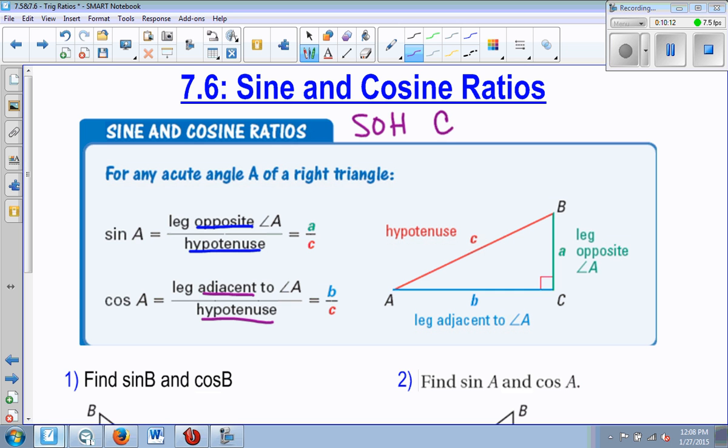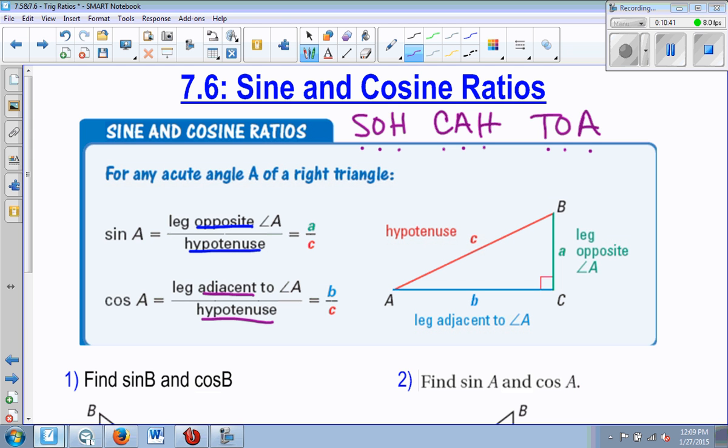You'll probably hear me say this a lot. And that will tell you exactly which trig ratio you're going to use depending on the side lengths that you have. SOHCAHTOA. So the SOH portion represents sine is opposite over hypotenuse, cosine is adjacent over hypotenuse, and tangent is opposite over adjacent. So that's what SOHCAHTOA means.